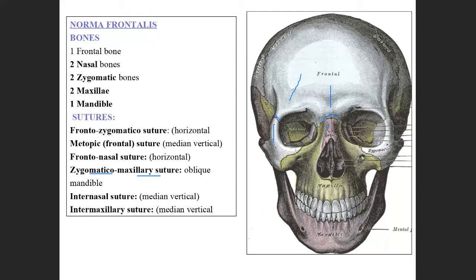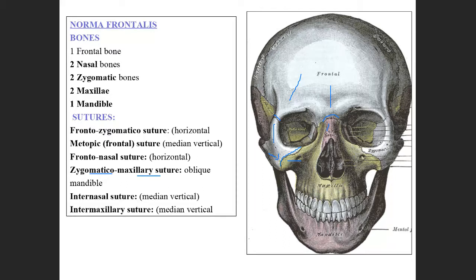Here is the zygomatic bone and then this is the maxilla, this suture. So it is the junction of the zygomatic and maxillary bone.